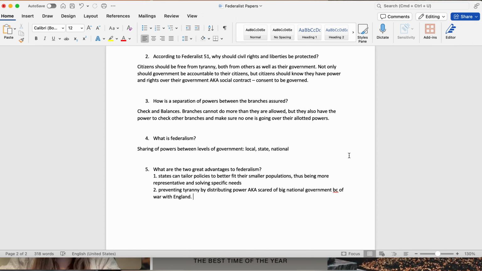Number 4, federalism. It's just very basic, again, the sharing of powers. We have a local government, we have a state government, we have a national government. And generally speaking, the makeup of them looks exactly the same. This is a little different: some states do their legislative branch a little differently, and some local municipalities do their local government a little differently.